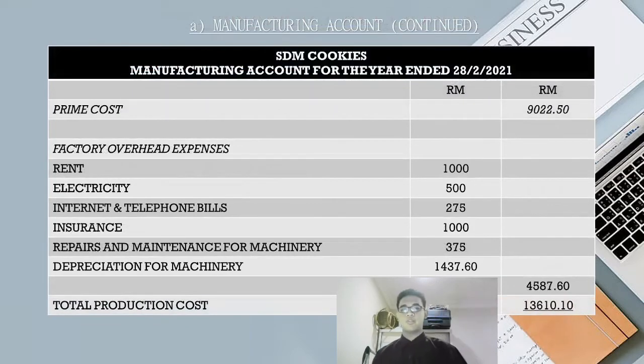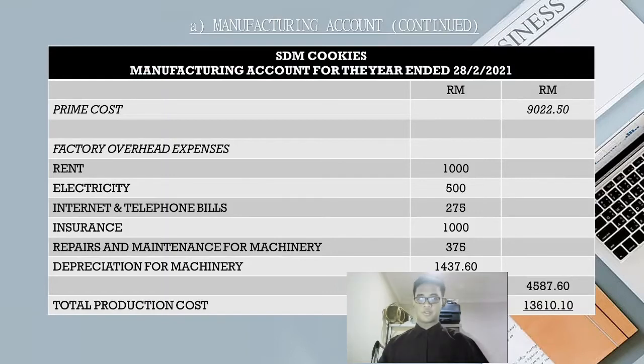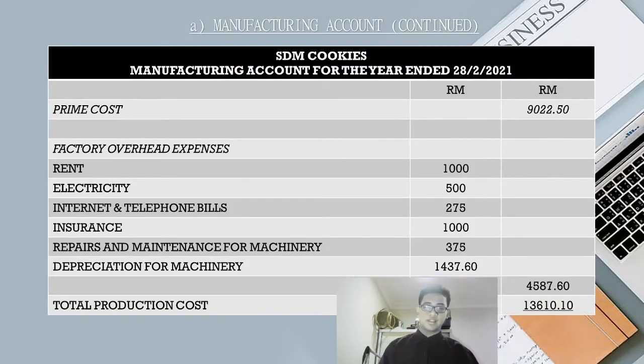Adding the factory overhead expenses, which include rent, electricity, internet and telephone bills, insurance, repairs and maintenance for machinery, and a 10% depreciation rate on machinery, the total factory overhead expenses will be about 4,587 ringgit and 60 cents. Adding that with the prime cost, the total production cost will equal about 13,610 ringgit and 10 cents.